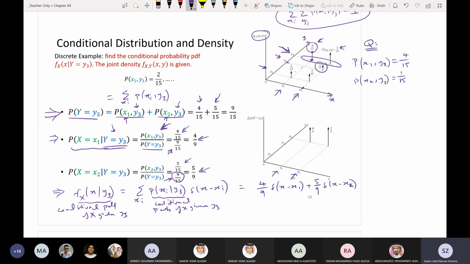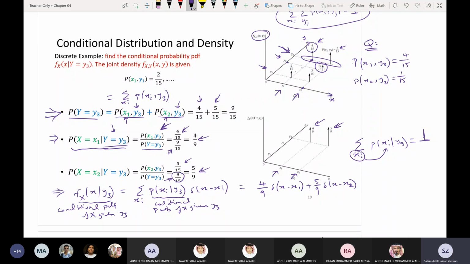So it has two values, x1 and x2, with these probabilities. Note here that when I sum over all xi the probability of xi given y3, what does it give me? 1. 1 also.